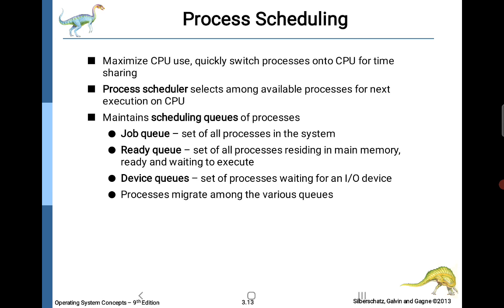As I've just mentioned, processes might be waiting for the CPU or might be waiting for input-output devices. So who gets the turn in the CPU? This is a job for a system program that we call the scheduler.